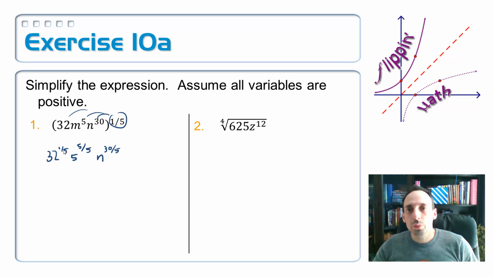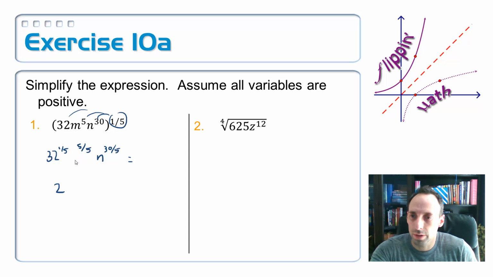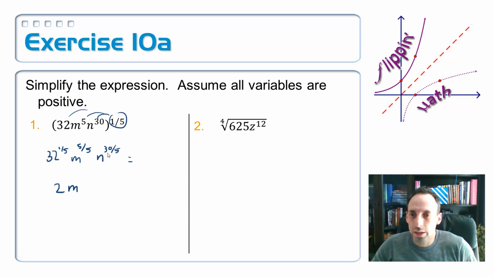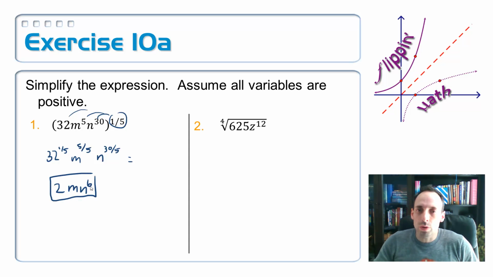The 5th root, basically, of 32 is 2. Whoa. Let's back this up here. That shouldn't have been a 5. That should have been an m. Anyway, 5 over 5 as an exponent, that's just 1. And then n, just divide the exponents out, and I get n to the 6th. And then that one's done.